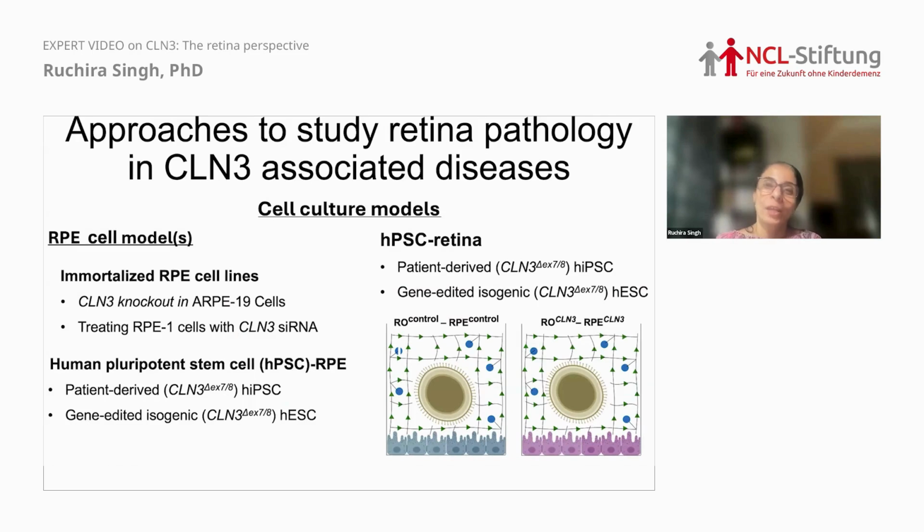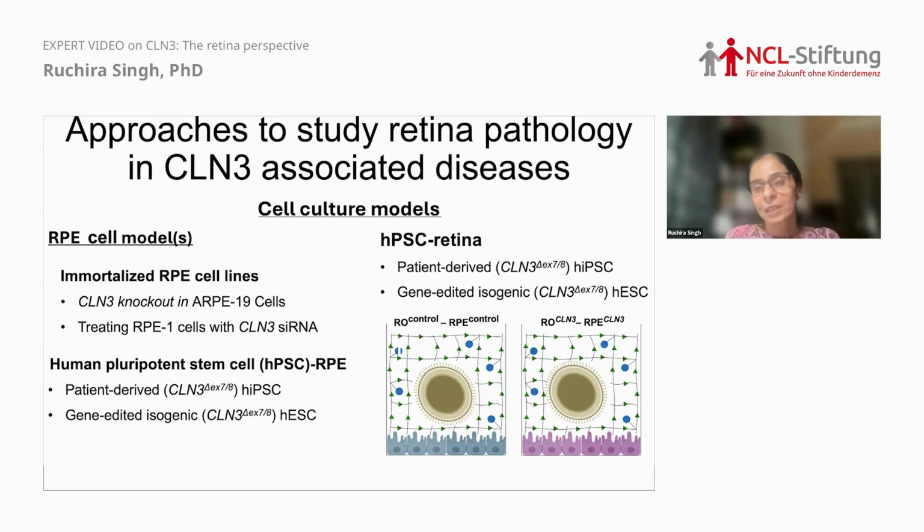So another, very routinely utilized approach of studying the mechanism underlying retina degeneration, or the more common defects in CLN3 disease, the molecular basis of it, has been the use of cell culture models, and specifically the retinal pigment epithelium, RPE cell models.